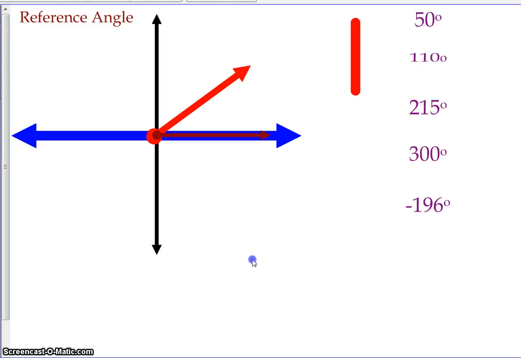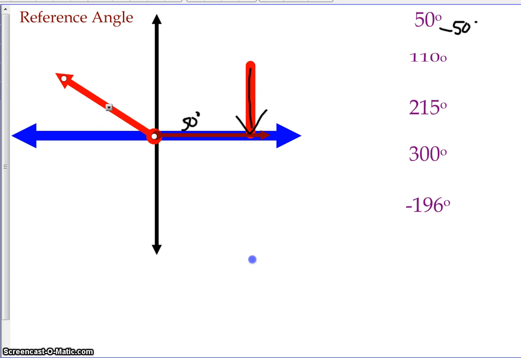So for this angle, when it's 50 degrees, it's its own reference angle, because I can make this right triangle right back to the x-axis by making this a 50-degree angle. So the reference angle is its own reference angle. It's still 50 degrees.